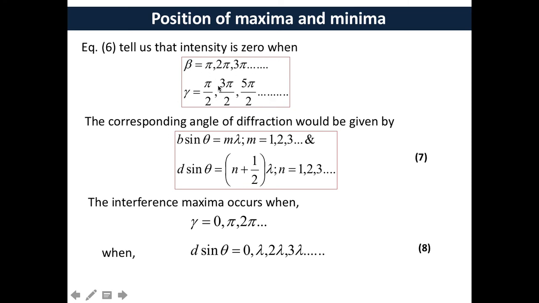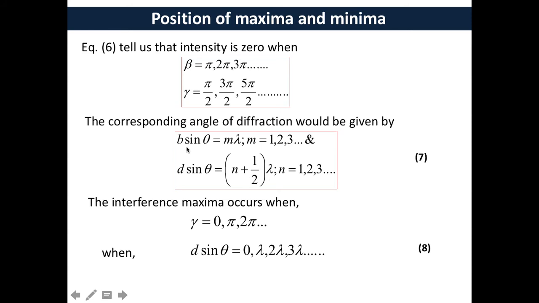So for the corresponding angle, we can write that b sine theta is equal to m lambda. We can just write this equation in terms of lambda, b sine theta equals m lambda, and for this one we can write d sine theta equals n plus 1/2 lambda. You know that in diffraction the condition for minimum is m lambda, okay, and for interference the condition is n plus 1/2 lambda.